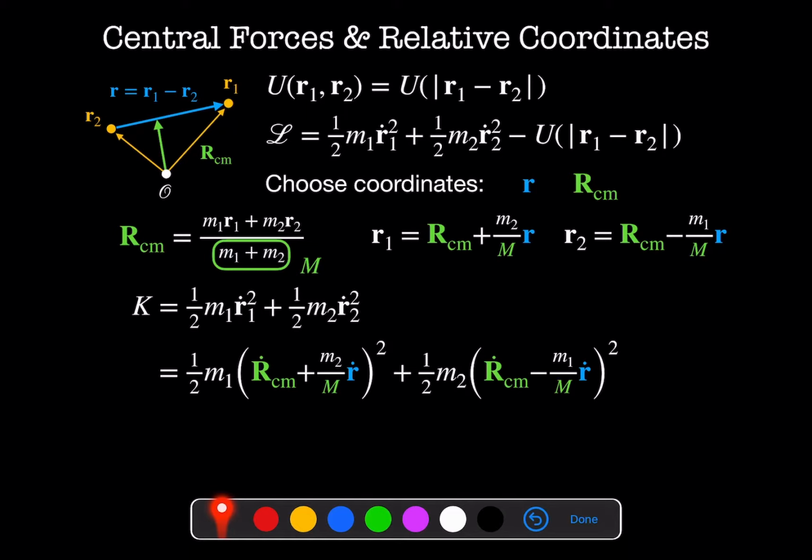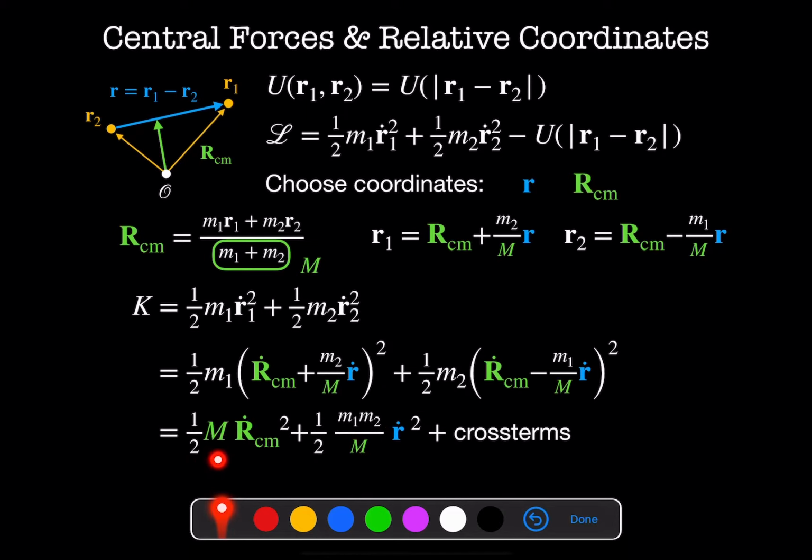So let's expand this out. We end up with 1/2 total mass M RCM dot squared plus 1/2 m1 m2 divided by the total mass M times the relative coordinate r dot squared plus cross terms.